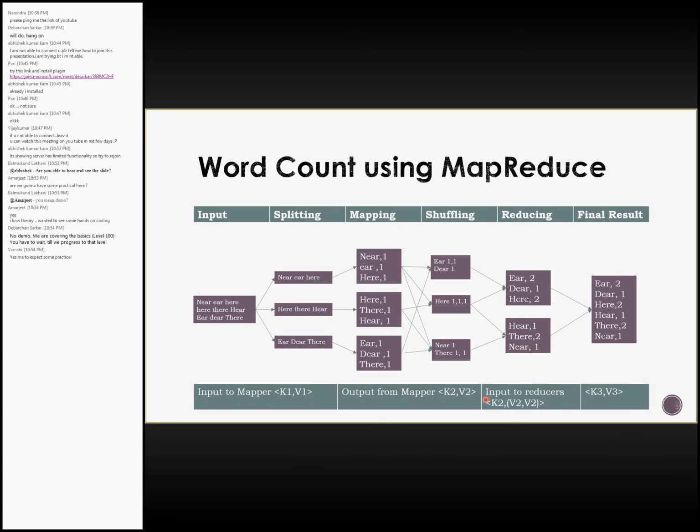It's not always split into individual lines; it depends on the input formatter, which I will discuss in the next slide. But here, we first split the data, and this split data is the input to the map phase.